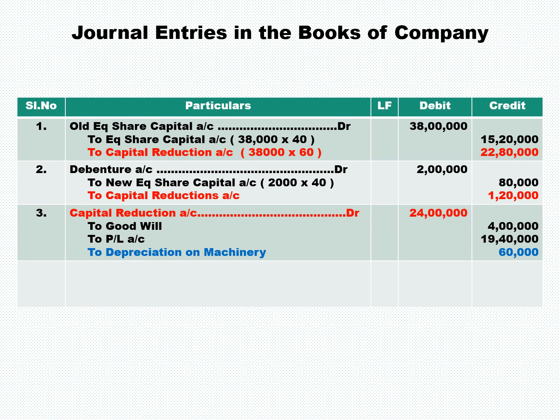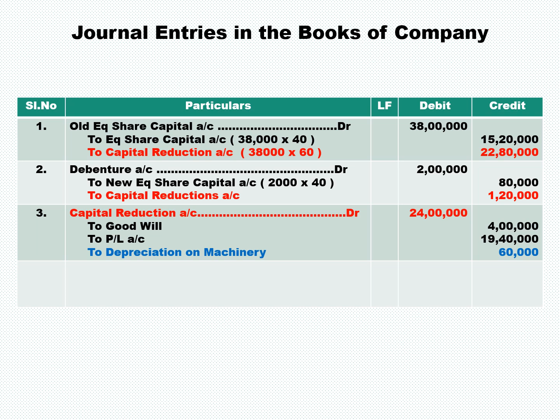The journal entries in the books of the company. We have old equity share capital account debit 38 lakh to new equity share capital account 38,000 into 40 rupee, we get 15 lakh 20,000. Differencing figure 22 lakh 80,000 is called capital reduction.